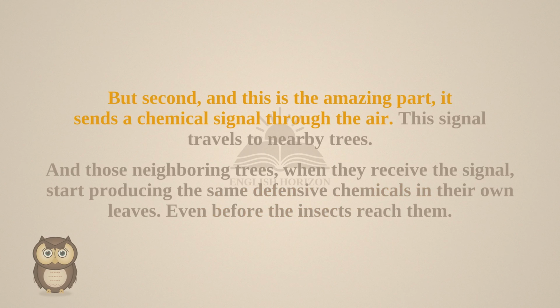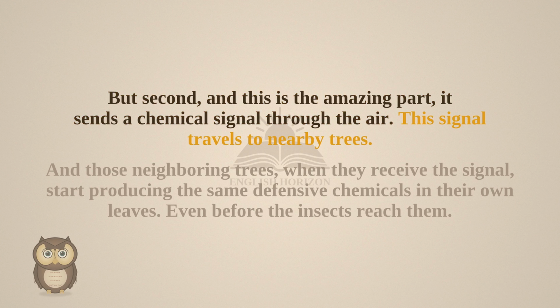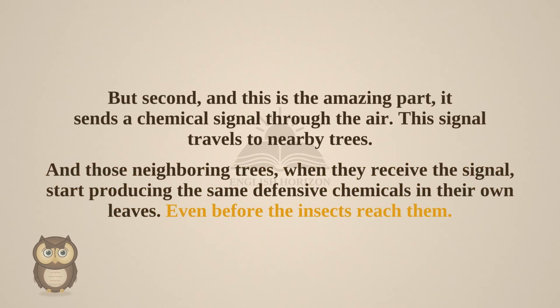But second, and this is the amazing part, it sends a chemical signal through the air. This signal travels to nearby trees. And those neighboring trees, when they receive the signal, start producing the same defensive chemicals in their own leaves. Even before the insects reach them.